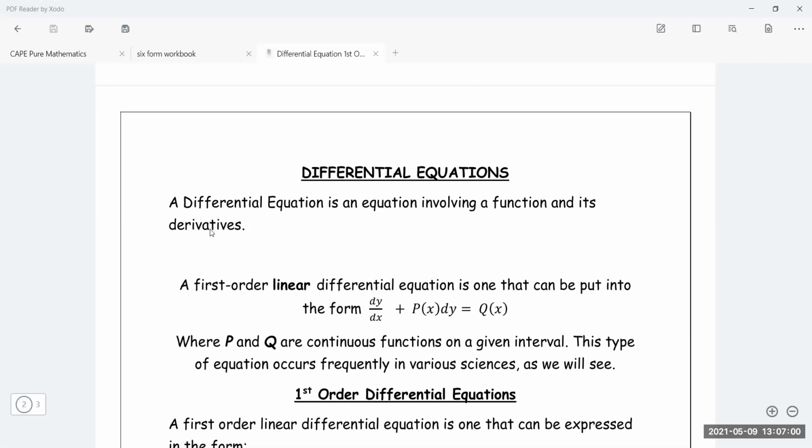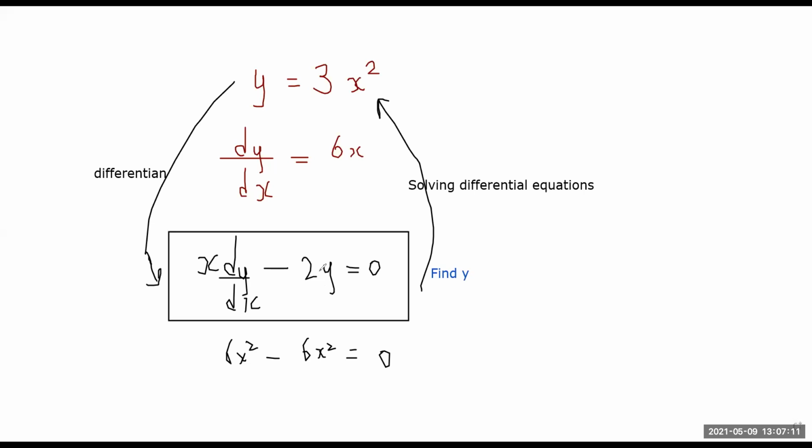A differential equation is an equation involving a function and its derivative. Look at this, Marika. The function here is y, and the first order derivative here is dy by dx. That is an equation involving its function and its derivative. When an equation has a function and its derivative, it's known as a differential equation. Is that understood?